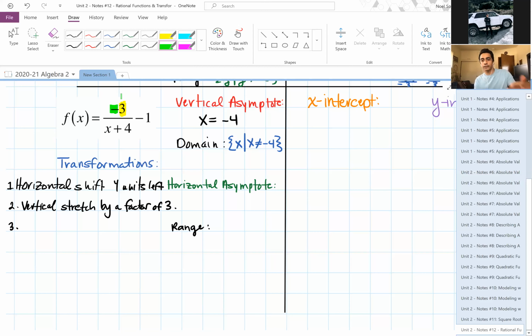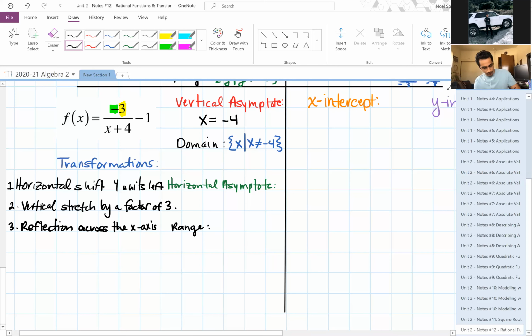If the negative is next to my a value, what does that mean? It's an x-axis reflection, exactly. So reflection across the x-axis.